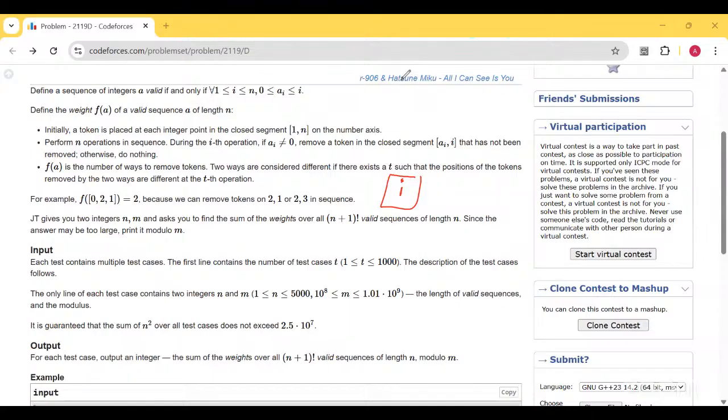Yes, it will never happen because when we are in operation i, the previous operation is always less than i, right? So i always exists. So of course from a_i to i, at least one token exists. All right.